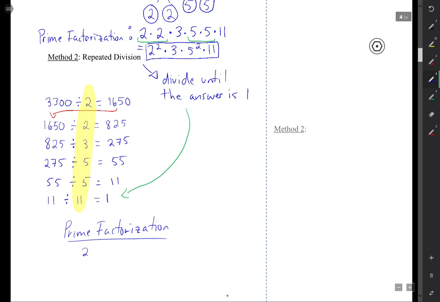We got 2 times 2 times 3 times 5 times 5 times 11. Or in other words, 2 to the power of 2 times 3 times 5 to the power of 2 times 11. So that is 2 methods to get the prime factorization.